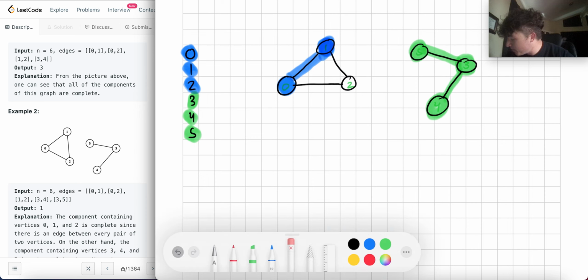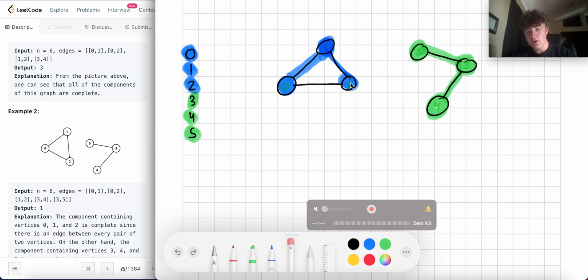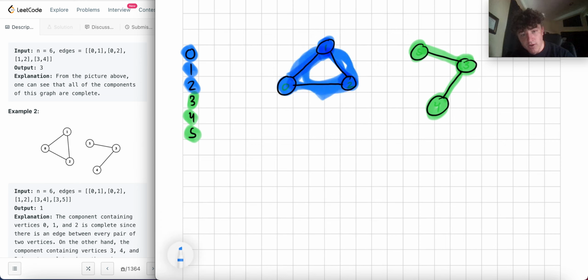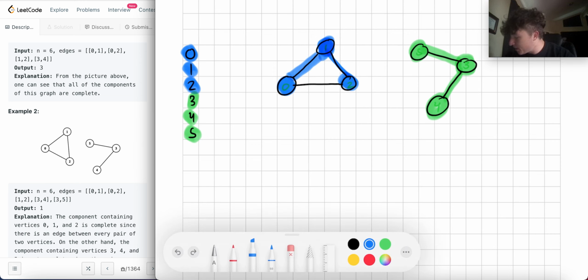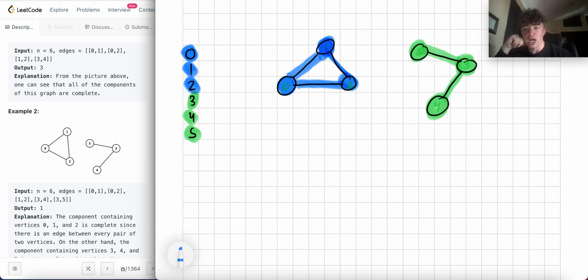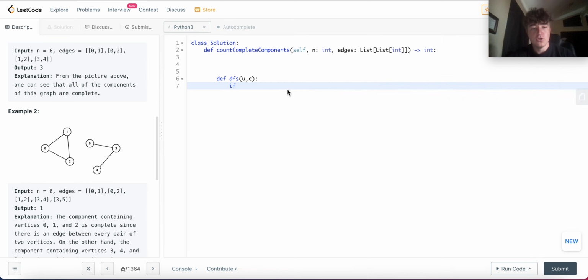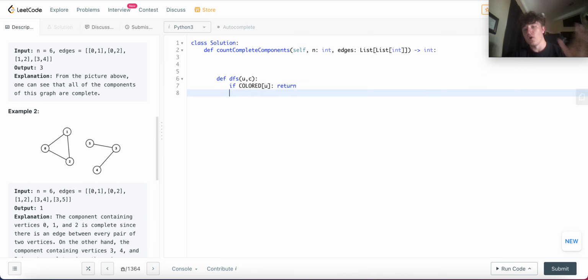Within this problem, since there's a loop, when I color this node, I'm going to color this node next, but I don't want it to continue on forever coloring. If a node has already been colored, then I've already processed it, so I don't want to process it again. So if the color of U is already colored, then we just return. We don't want to continue coloring it.